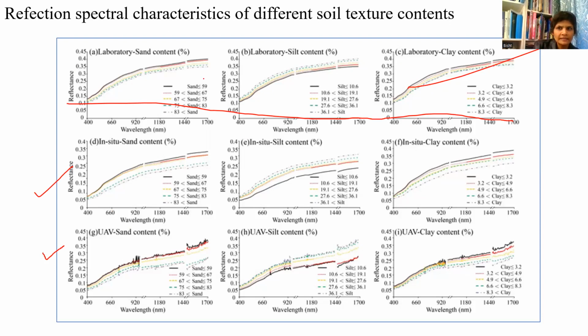So this is sand, silt, and clay, and you can see the different concentrations in different colors. The difference is quite visible from 660 to 1700, because you've got the partitioning of the curves at different concentrations.